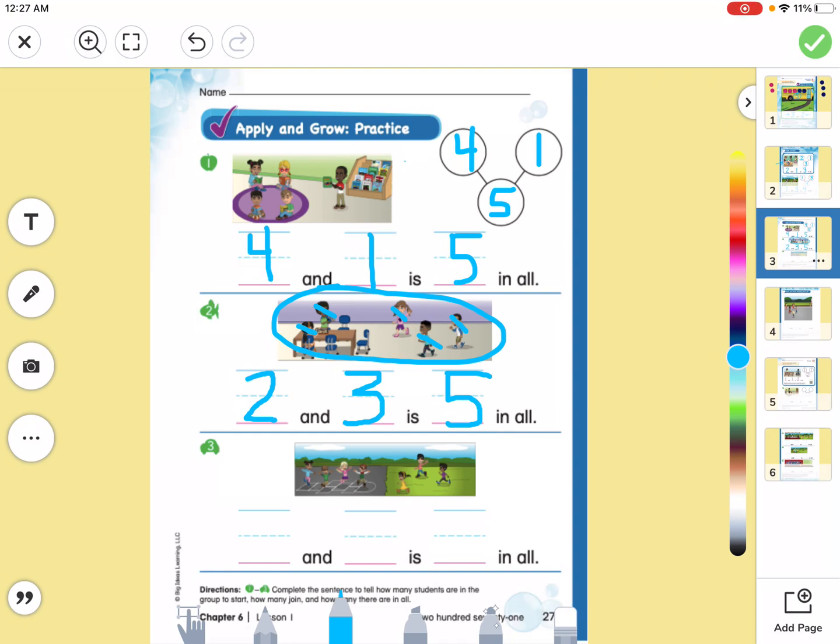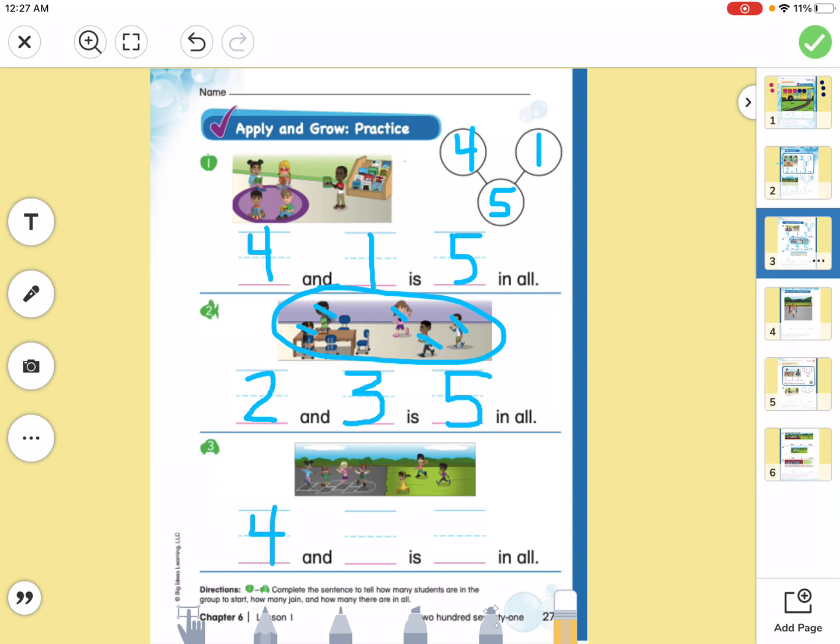We have some students who are playing hopscotch and some students who are over here running. Okay, so let's look at that. How many friends are playing hopscotch? 1, 2, 3, 4. So we have 4 friends playing hopscotch.